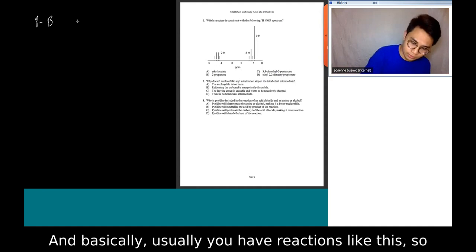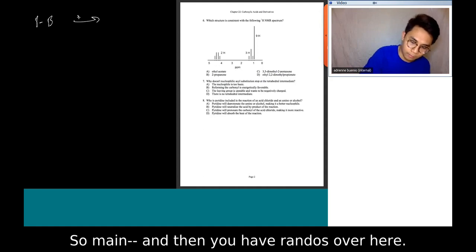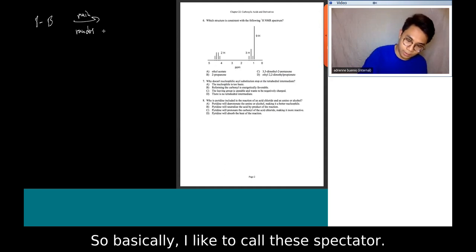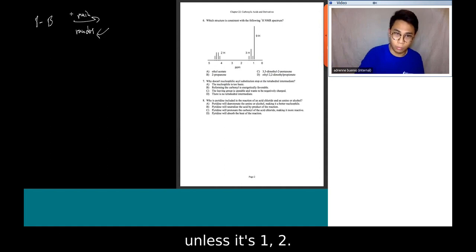Usually you have reactions like this: your main reagent, and then you have randos over here. I like to call these spectators. They do stuff, but they don't do the main reaction, unless it's like a 1, 2.